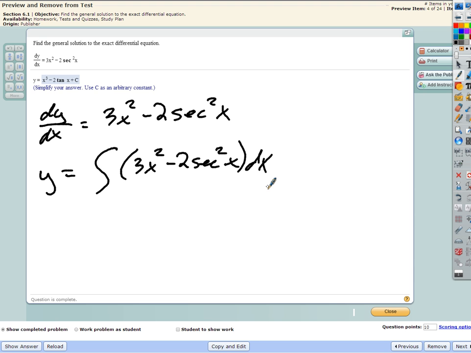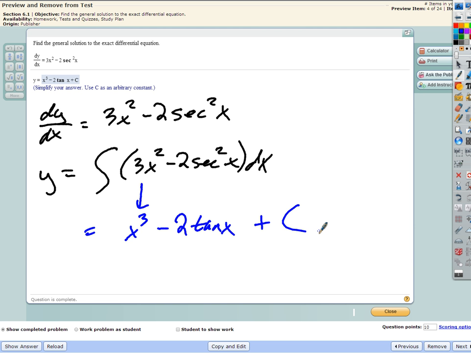Now you guys are already jumping in to do the antiderivative, which is great. So the antiderivative is going to be x cubed, either by using our power rule for integrals or by playing calculus Jeopardy, either way. Minus, now what's the antiderivative of secant squared? Tangent, yeah. So minus 2 tangent x plus C, right?